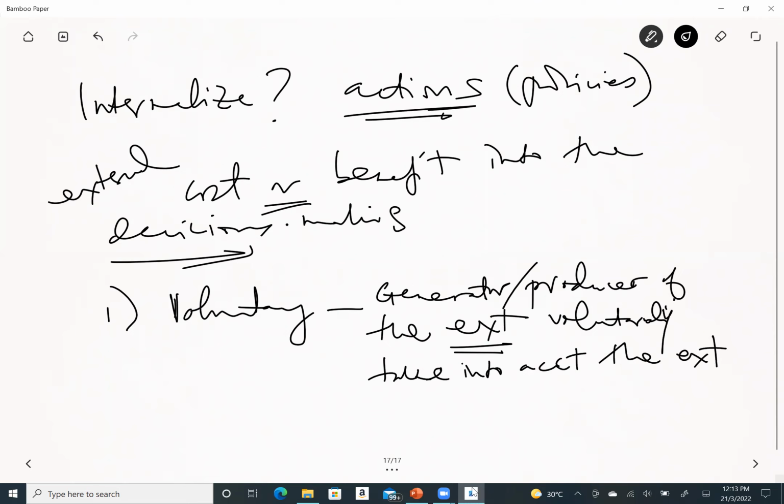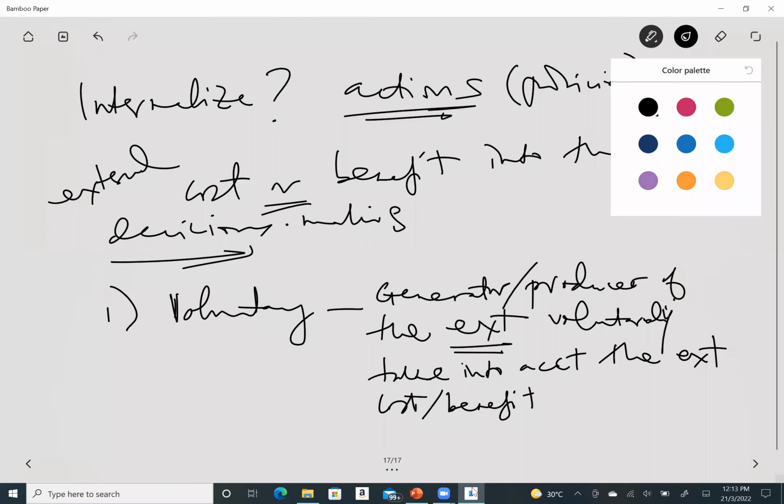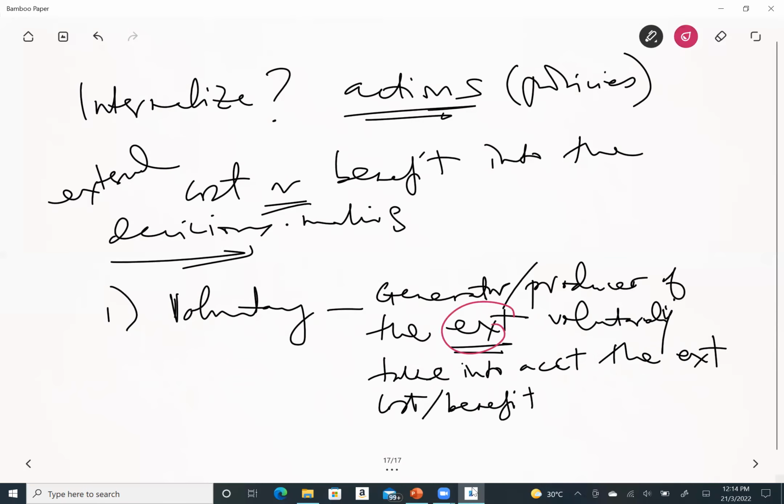external cost or benefit, because this externality can be negative or positive. In other words, external cost or external benefit. But to be consistent, this one should be negative, because I say cost first and then benefit.